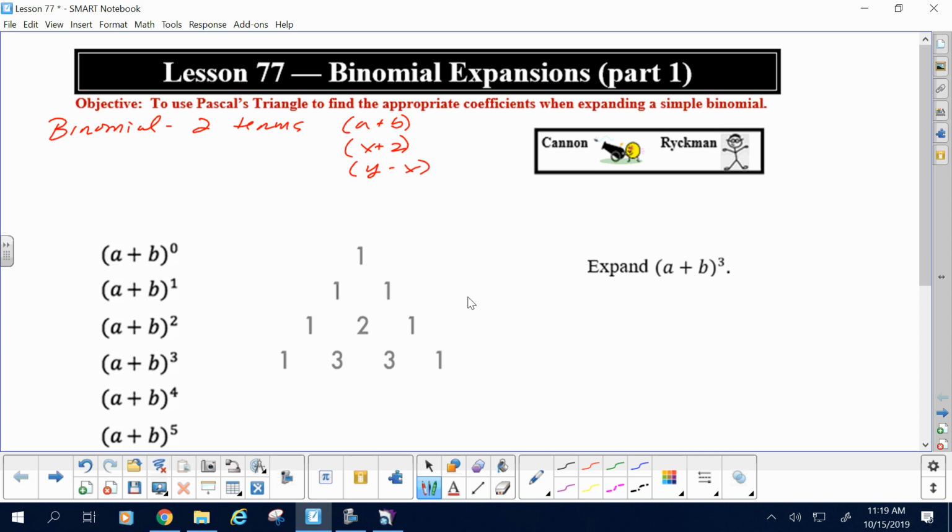It's really just 2 algebraic terms separated by addition or subtraction. Those are binomials. When you expand it, it means you have that binomial to a power outside the parentheses, for example a plus b to the 0, or a plus b to the first, and so on. That's binomial expansion, multiplying all this out.